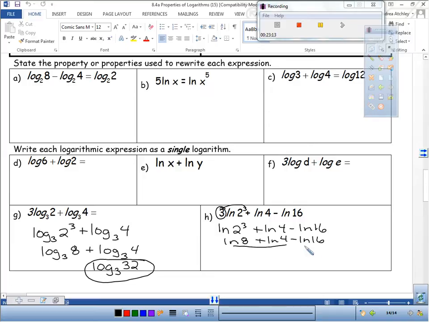These we're going to multiply, and this we're going to divide. So it's going to be the ln of 8 times 4, which is 32, and then divided by the 16, which gives me the ln of 2. Any questions over that? We're all good?